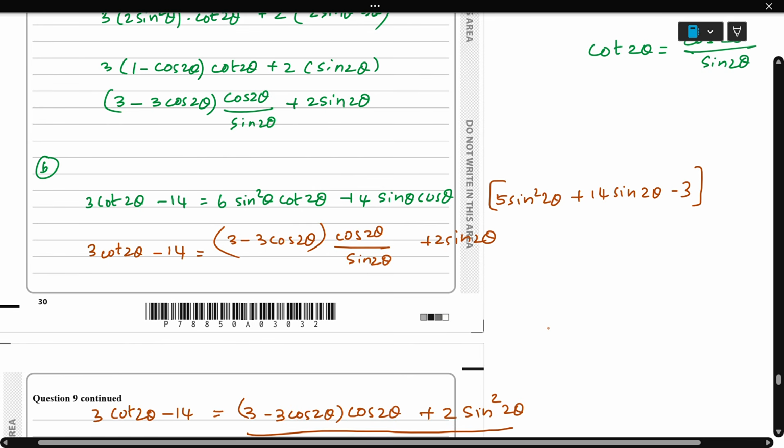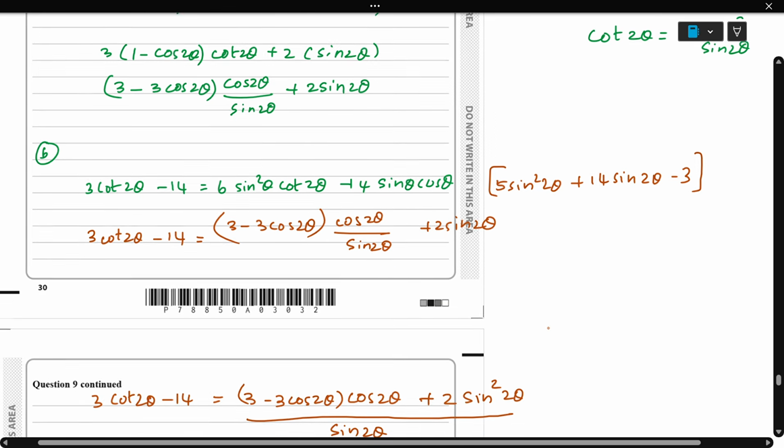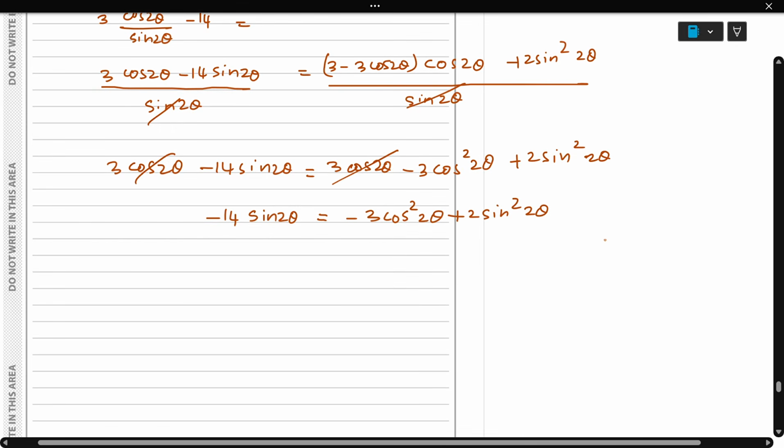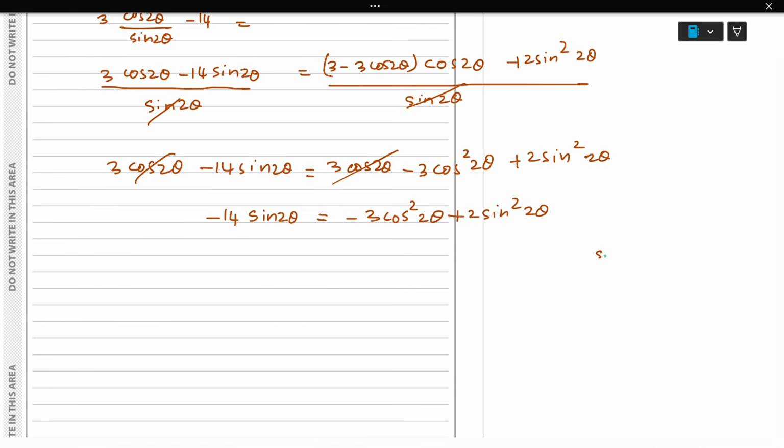But we need to prove 5 sin square 2 theta plus 14 sin 2 theta, because there is no cos. So as we know the identity, sin square theta plus cos square theta equal to 1. So for the angle 2 theta we can write sin square 2 theta plus cos square 2 theta equal to 1.